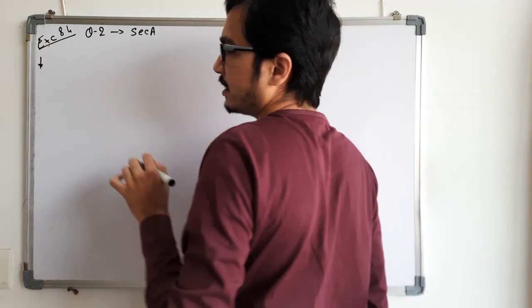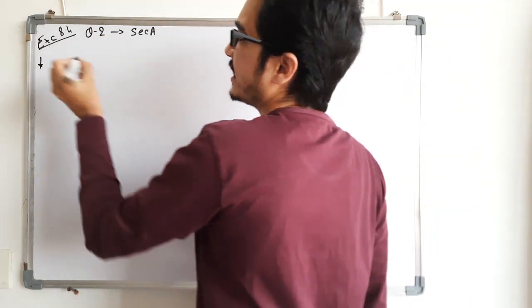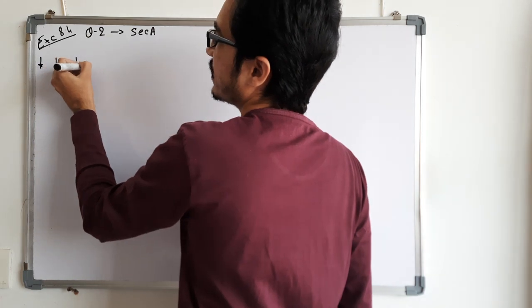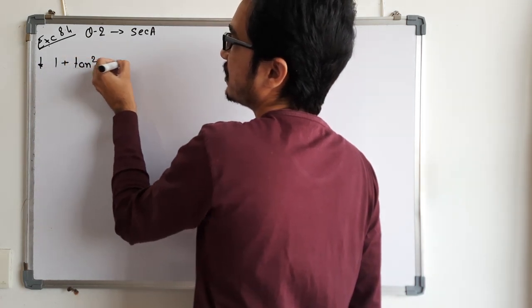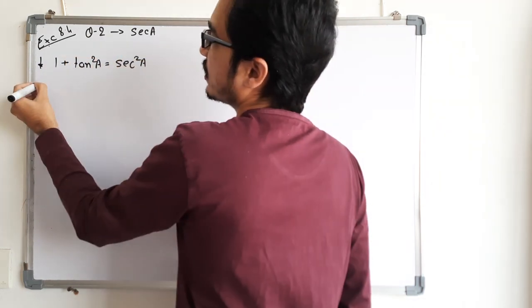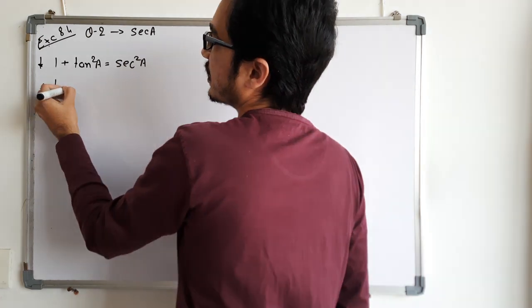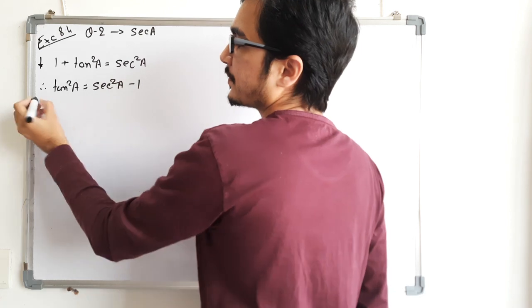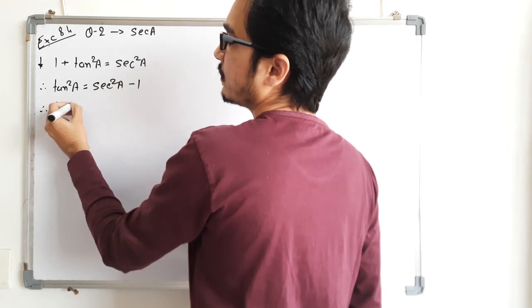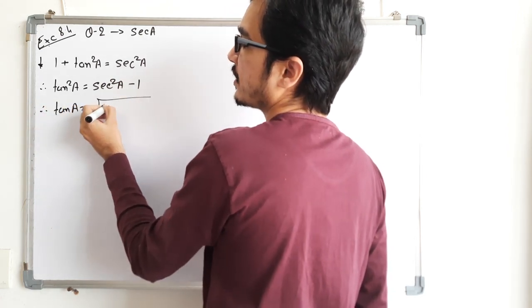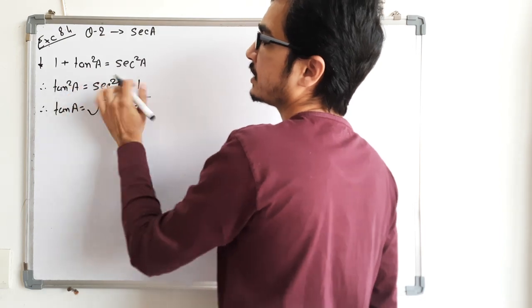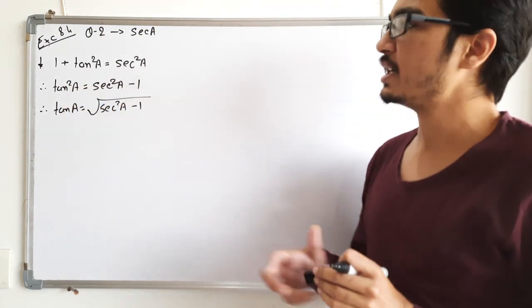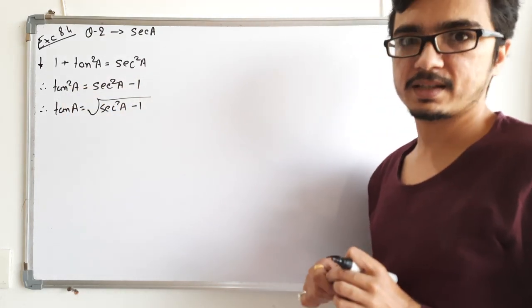We can represent tan in the form of sec very easily using this identity: 1 plus tan square A is equal to sec square A. So we have tan square A is equal to sec square A minus 1. So tan A is equal to the root of sec square A minus 1, considering the square root on both sides. So tan in the form of sec is here.